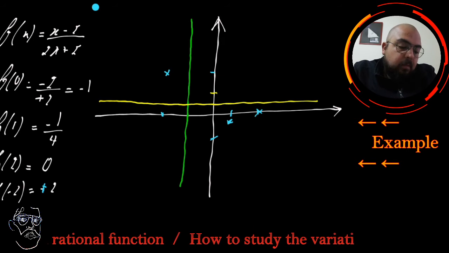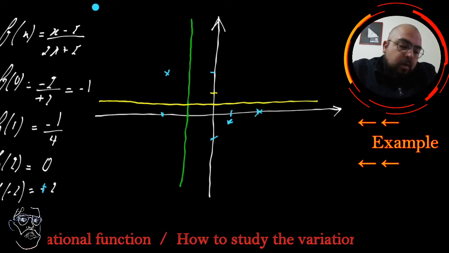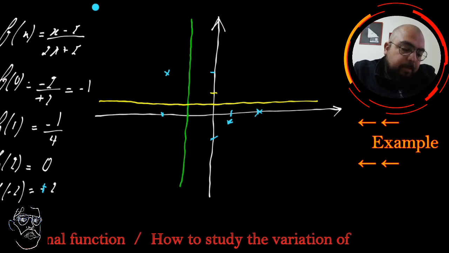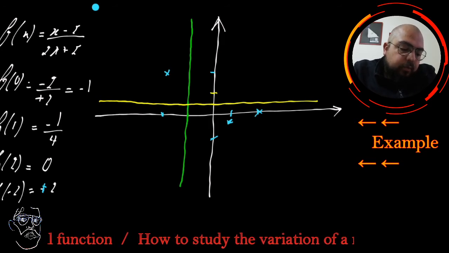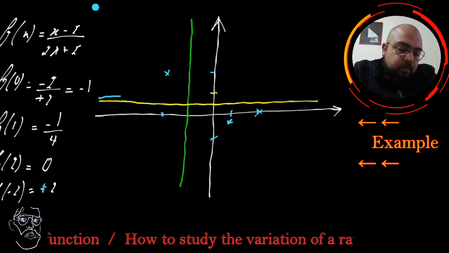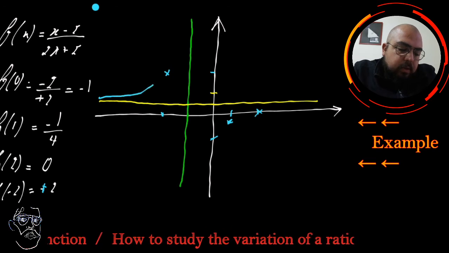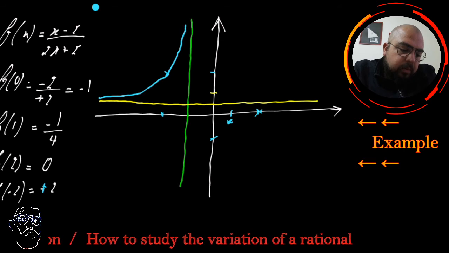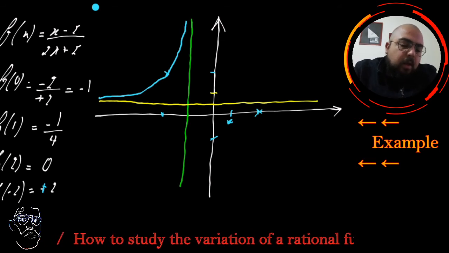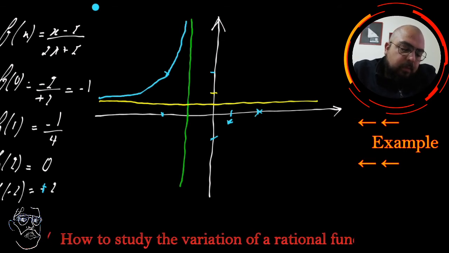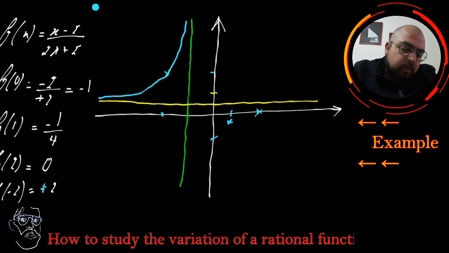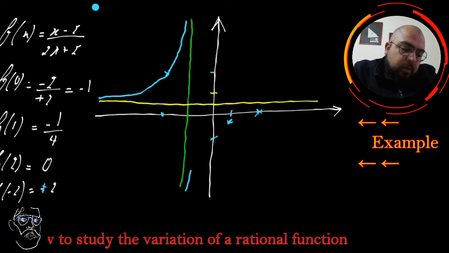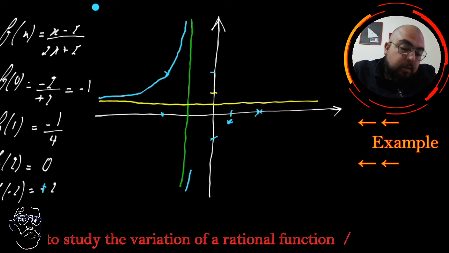Alright. So my curve was starting from 1 over 2, increasing to reach plus infinity, and then from this section it's very close to x is equal to minus 1, but it will not intersect.